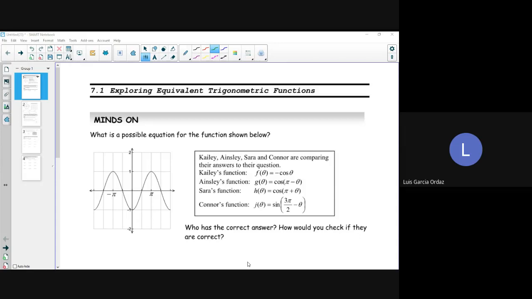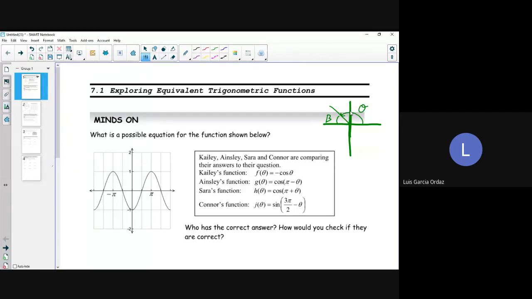So when I talk about the related acute angle, remember, this is my terminal arm, and this is my related acute angle. This is our theta, this is our beta, which is our related acute angle.